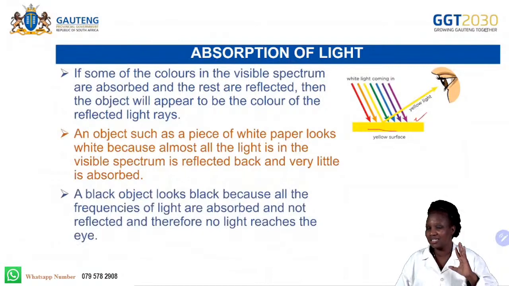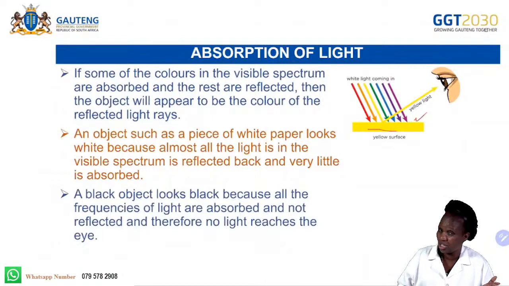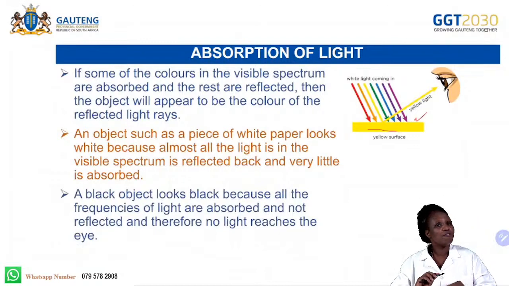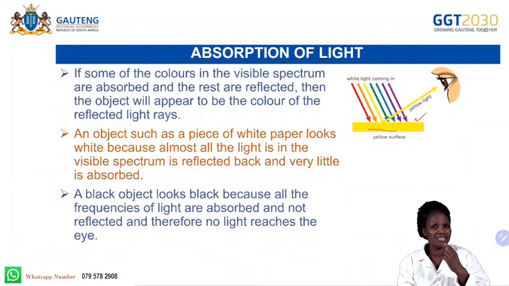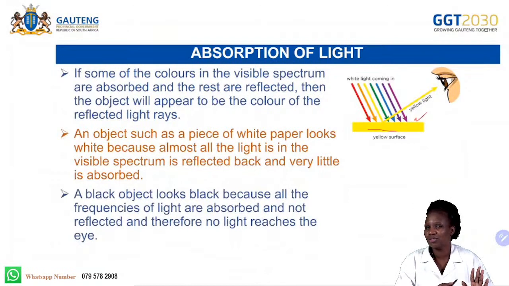If no light reaches the eye, what are we going to see? Black. It will be dark. For example, if we all close our eyes now, what do you see? Grade 8, it will be black. Why? Because no color is entering our eyes. If we can't see any light entering our eyes, then there's no color that we're going to see. That's why when you close your eyes, you only see dark, you only see black.